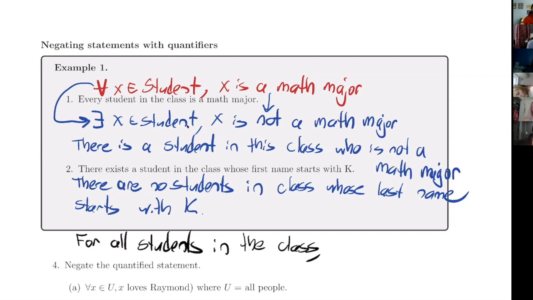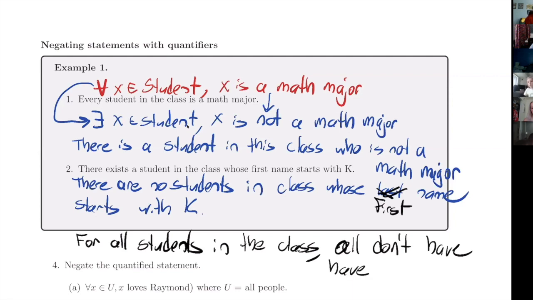None of them have a first name that starts with K. Yes, thank you, first name. Right, for all students in the class, they all don't have a first name that begins with K.